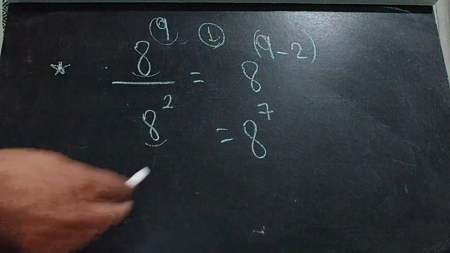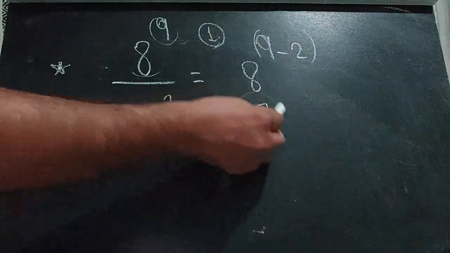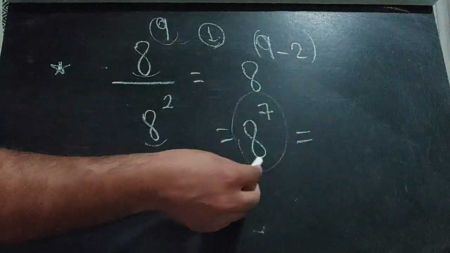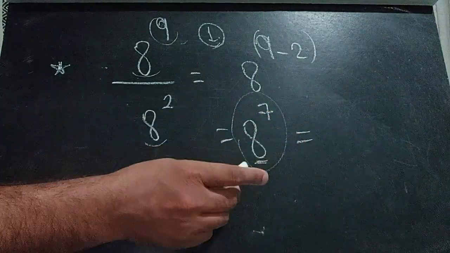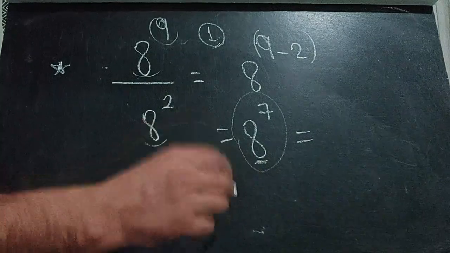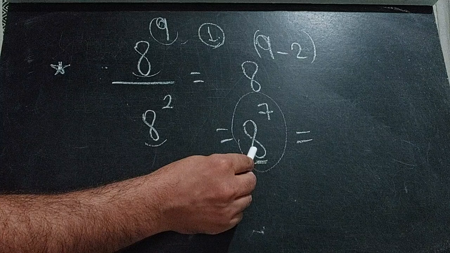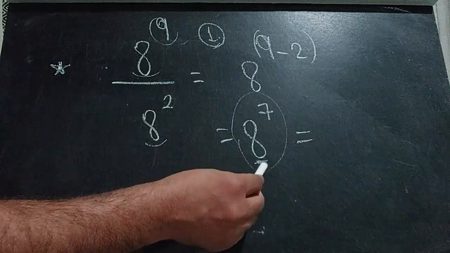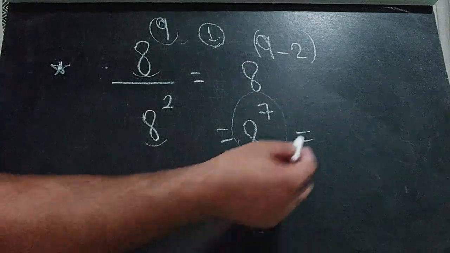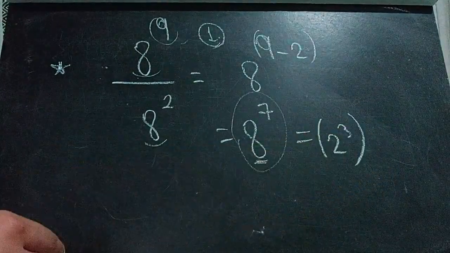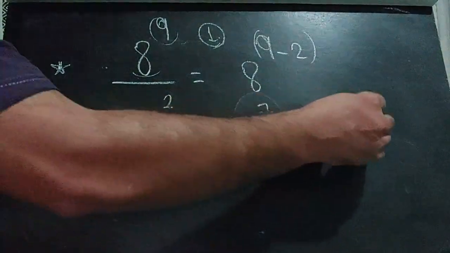So you most probably won't see that one in the options. What do you do? This number should be a prime number. Now think, how can 8 be written with a prime number? Isn't 8 2 power 3? Yes, 2 power 3, all power 7.